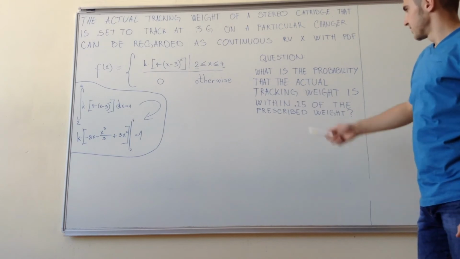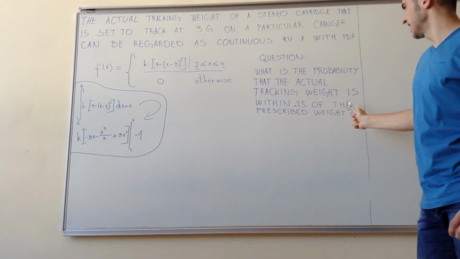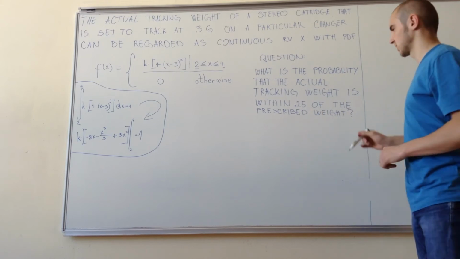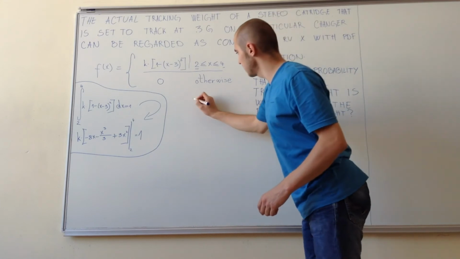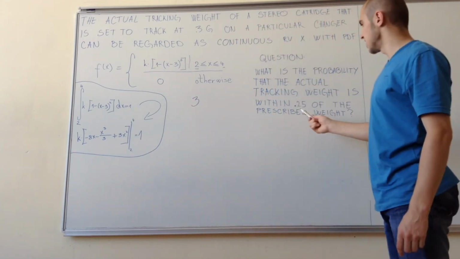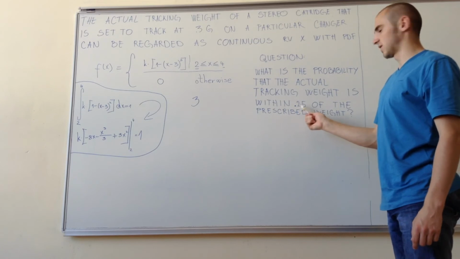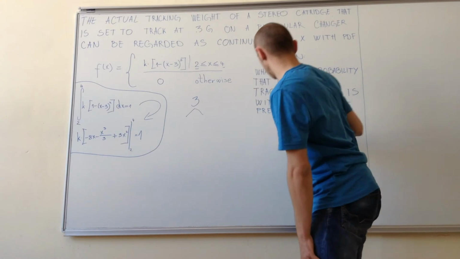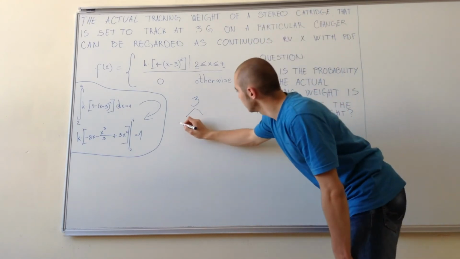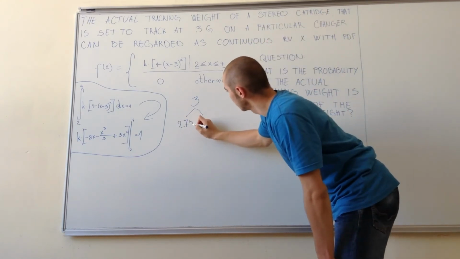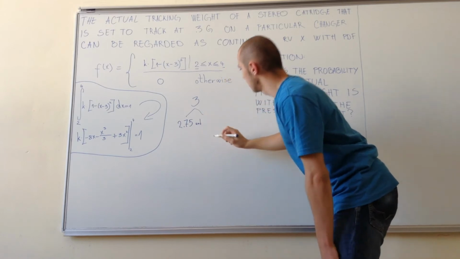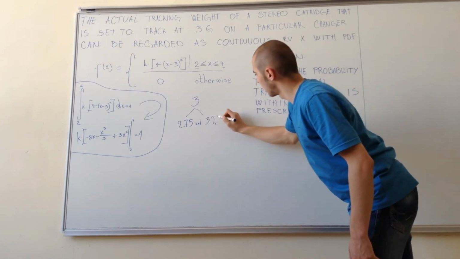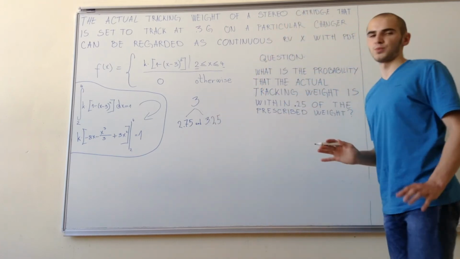Our next question says, what is the probability that the actual tracking weight is within 0.25 of the prescribed weight? As we know, our prescribed weight is 3. If we say that something is within 0.25, it means it will be in the range of 3 minus 0.25, which is 2.75, and the other side is 3.25, which is 3 plus 0.25.